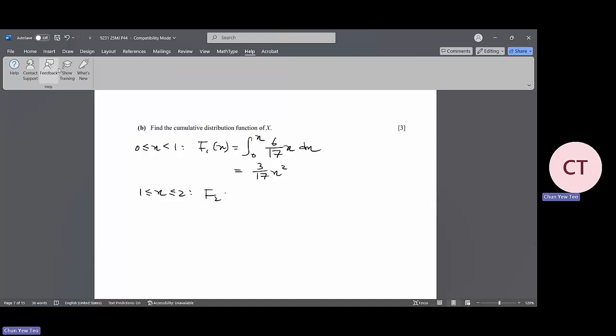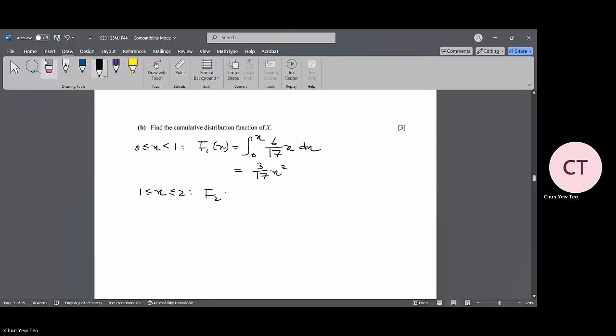Then for the interval 1 to 2, your F2, actually it's not from 1 to 2. It's actually from 0 to 2. Okay. So it will be F1, you substitute 1 inside, then plus the integral from 1 until x of kx squared. So if you put 1 inside, you get 3 over 17.